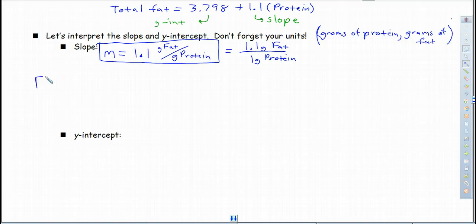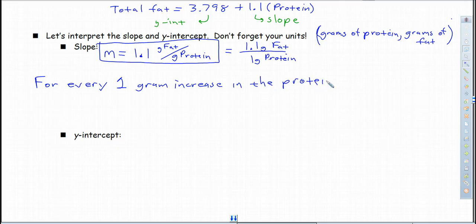So we can say for every 1 gram increase in the protein level, or in the protein of a BK entree, what happens?